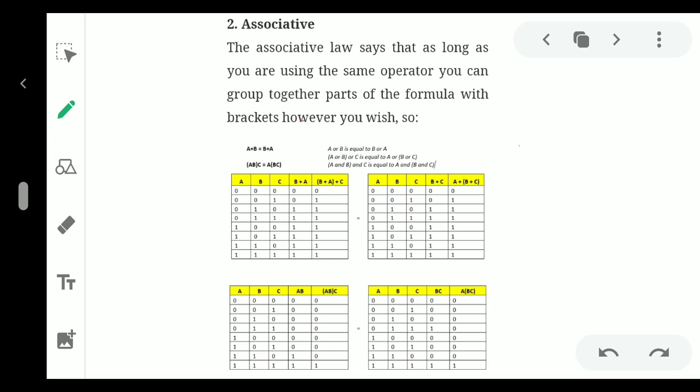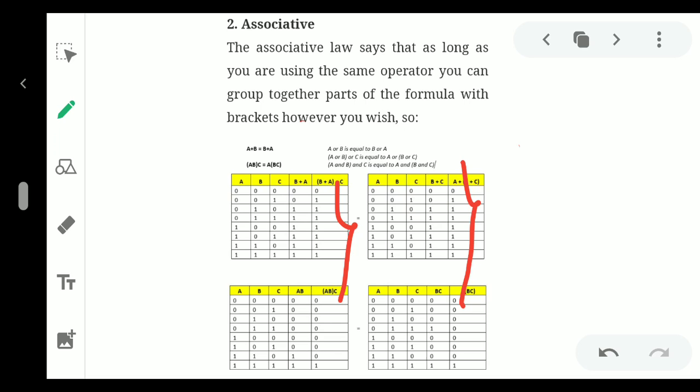Let me first check that one. If you add B plus C and then with A, or A plus B and then plus C, we get the same result over here, that is 0, 1, 1, 1, 1, 1, 1, 1.